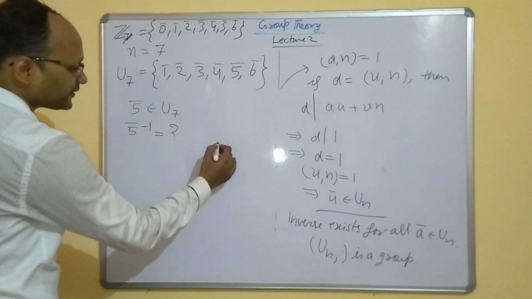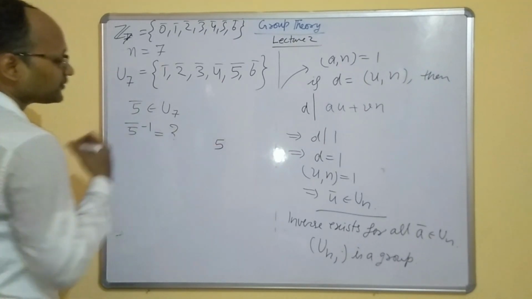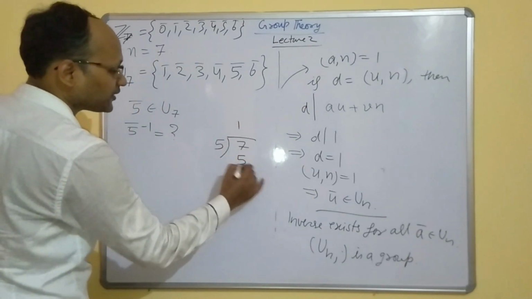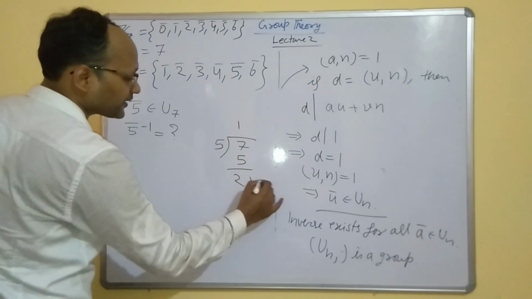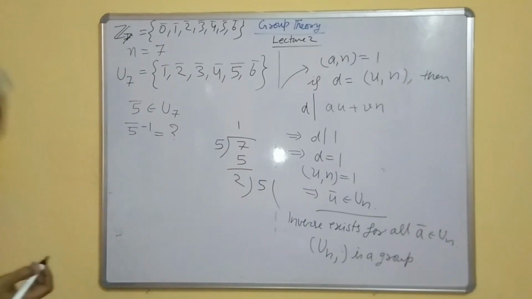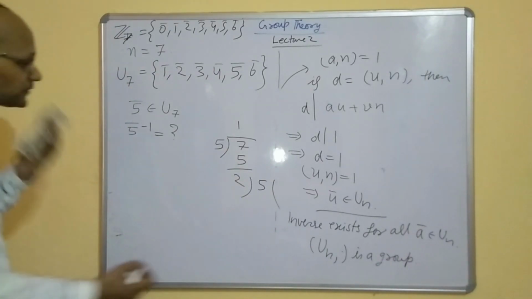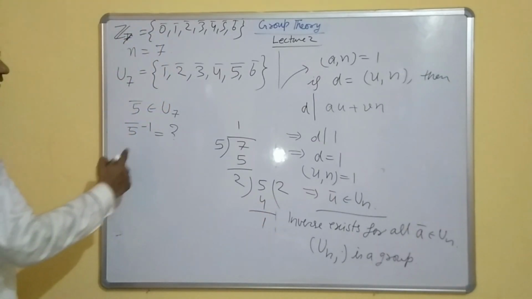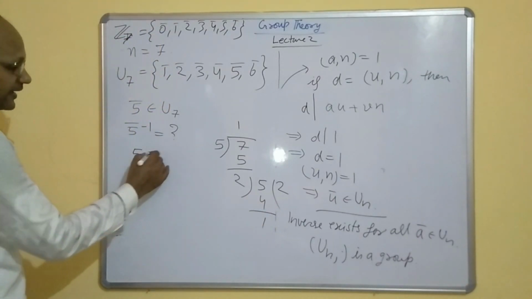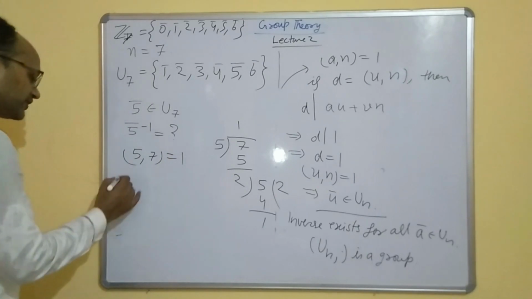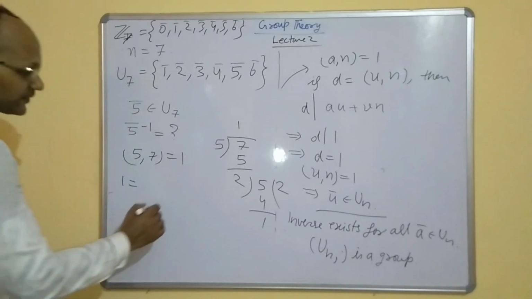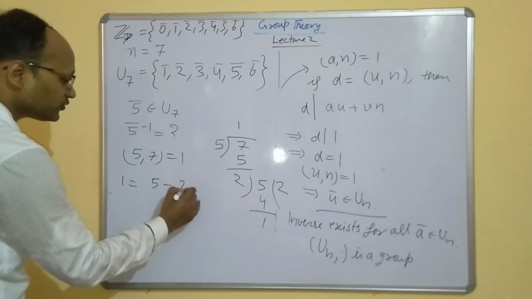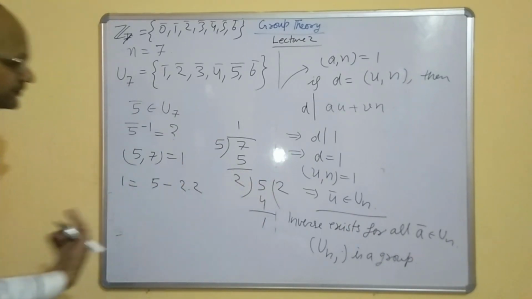So we will divide 7 by 5. We will get 1 and then divide again. This is the method by which we find the GCD. So 2 times 2 is 4 and 1. So actually the GCD between 5 and 7 is 1, and now this 1 can be written as 5 minus 2 into 2 from here.